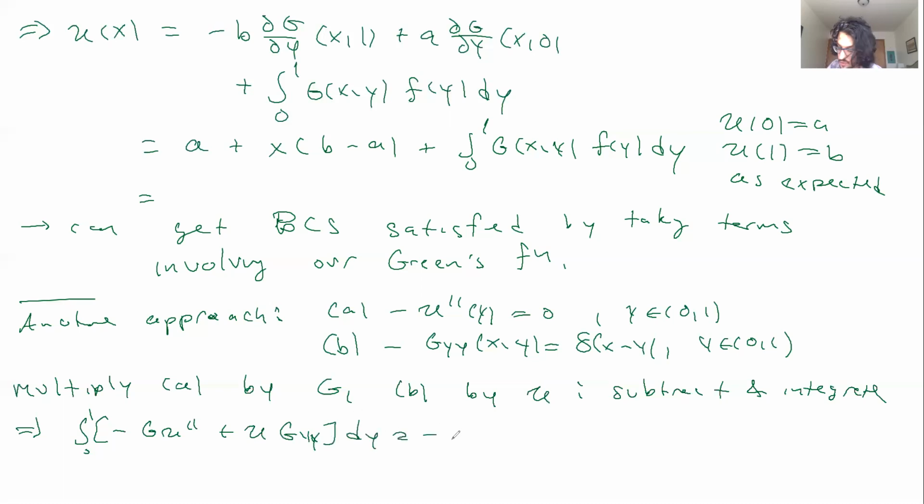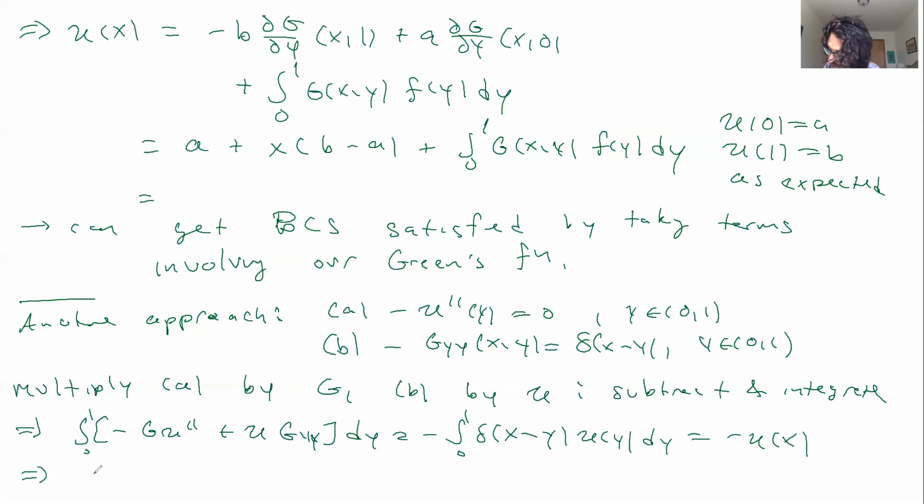And this is equal to minus the integral from 0 to 1 of delta of x minus y times u of y dy. And this is equal to what? Just minus u of x, right?